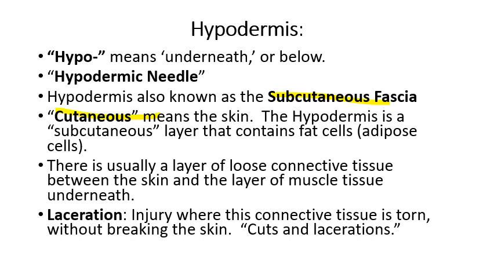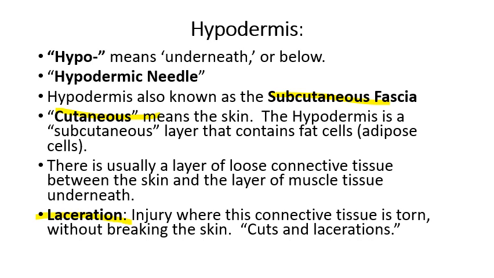Now, I mentioned earlier what a laceration is, in the histology lecture. A laceration is an injury where, let's say you're in an automobile accident and you're bounced around in the car in such a way that your skin moves in one direction and the underlying muscle tissue moves in the other direction, and so there's a lateral tear between the skin and the muscle, but it does not break the skin. That's called a laceration.